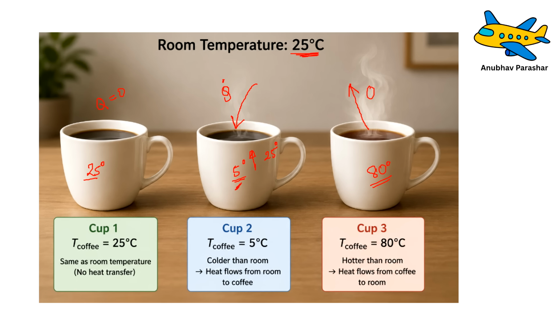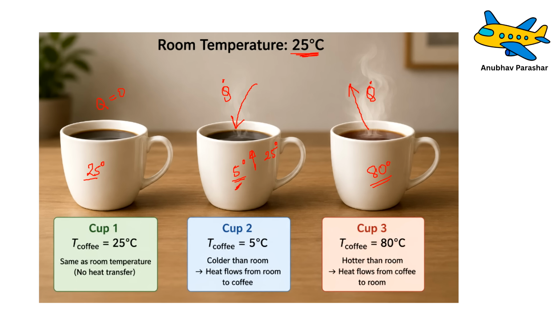The heat will keep flowing as long as the temperature of the coffee is more than that of the room. Finally, when both become equal, that is when the heat transfer will stop.